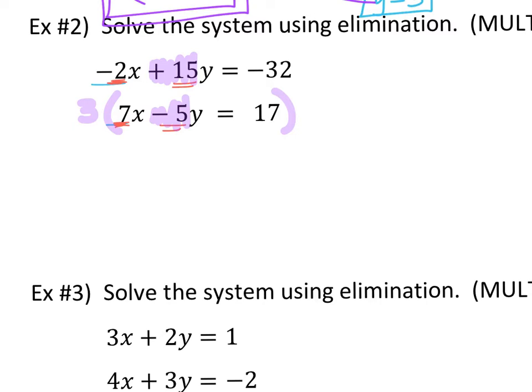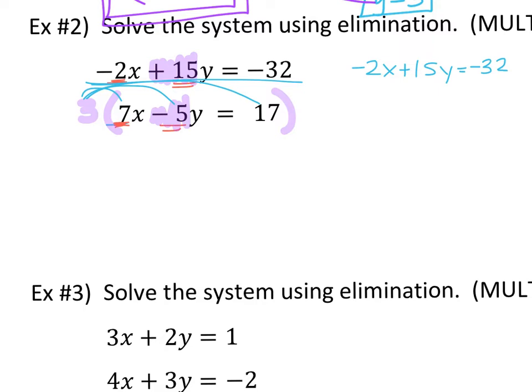I'm going to rewrite this top equation right here, negative 2x plus 15y equals negative 32. And now I'm going to rewrite this bottom equation once I have multiplied everything by 3. You multiply everything. So once I've multiplied all of these by 3, I'm going to write what I would get there.